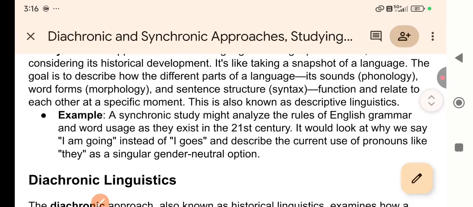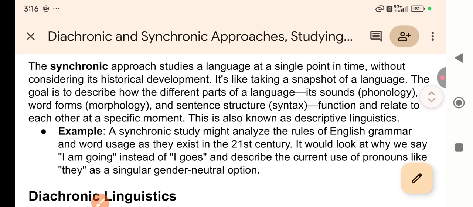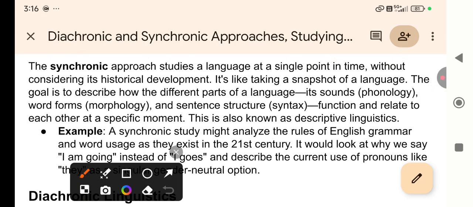First of all, I am telling you that when we take a snapshot of a language, that approach is called synchronic.